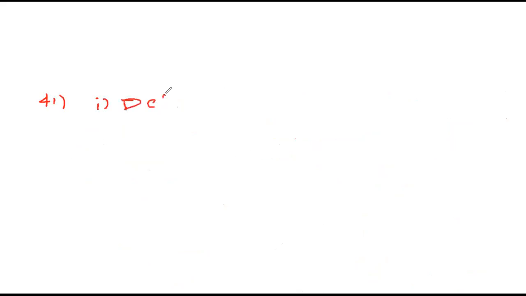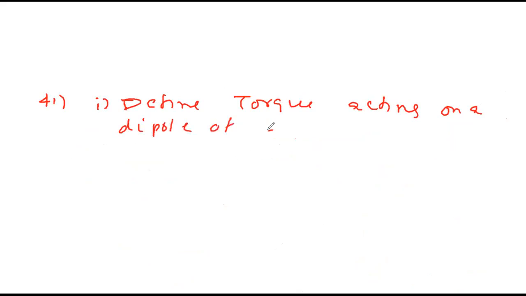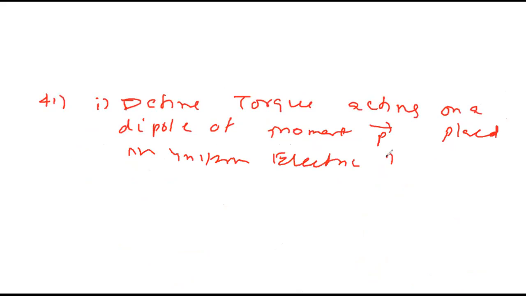Back to the same thing: define torque acting on a dipole of moment p bar placed in uniform electric field E bar. See, they have written bold. Bold means nothing but a vector.